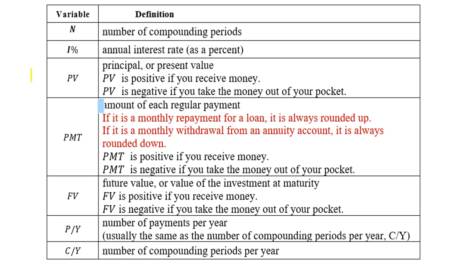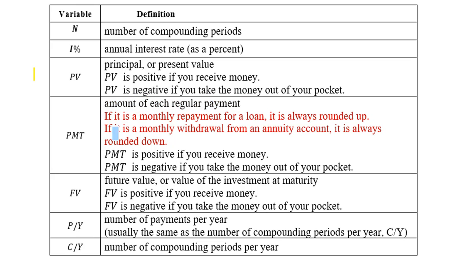PMT stands for amount of each regular payment. If it is a monthly repayment for a loan, it is always rounded up. Otherwise, you cannot pay off the loan on time.